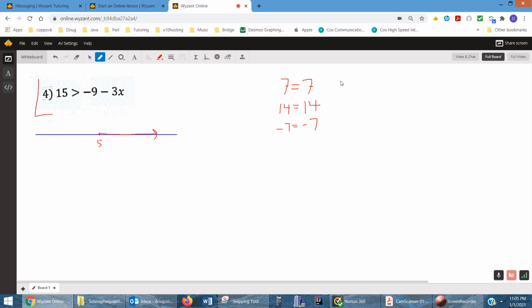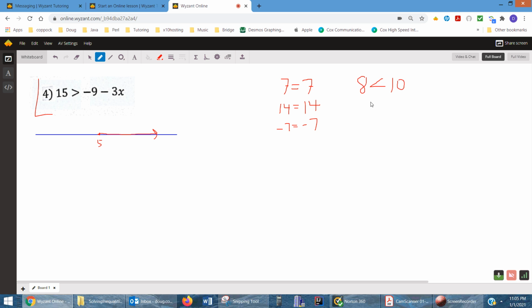But if I take an inequality that's true, like 8 is less than 10, and by the way, this inequality symbol, the arrow points to the smaller number or opens to the larger number. That's how to think of it.